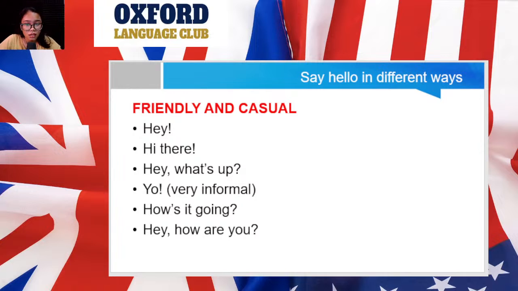Okay? So the different phrases are hey, hi there, hey, what's up? Yo, how is it going? Hey, how are you? These are the phrases that are considered friendly and casual.